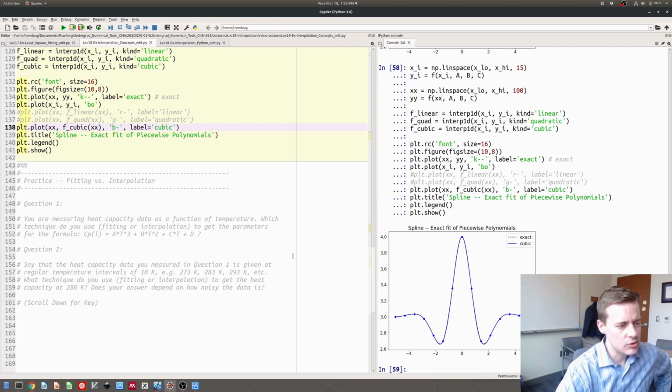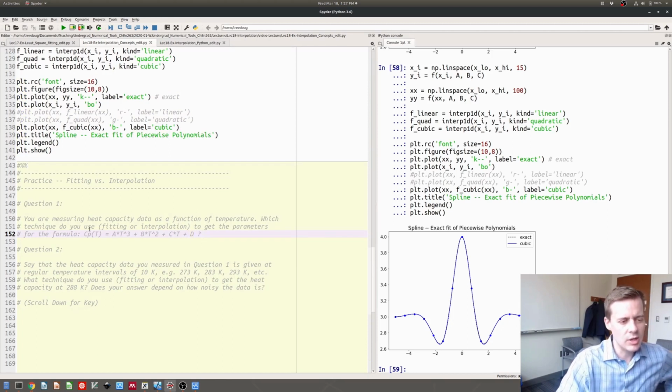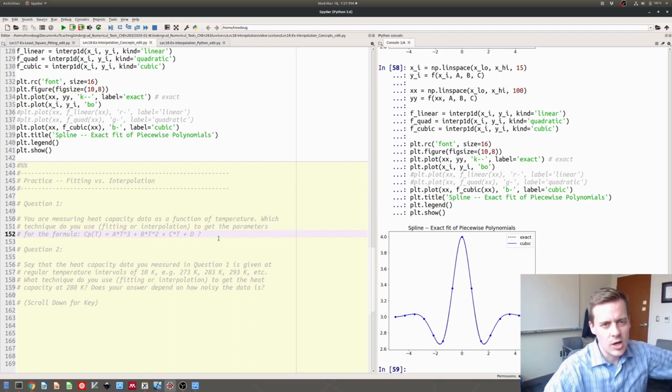Which are you going to use, fitting or interpolation, to get the parameters to this equation? C sub p as a function of temperature is a times t cubed plus b times t squared plus c times t plus d. Which are you doing? Is this fitting or interpolation? All right, pause the video, and then I'll tell you the answer.